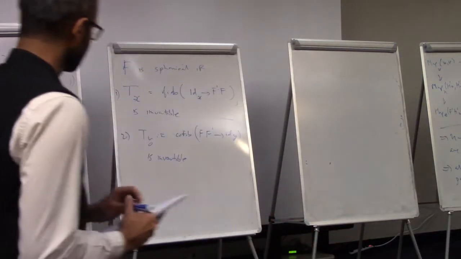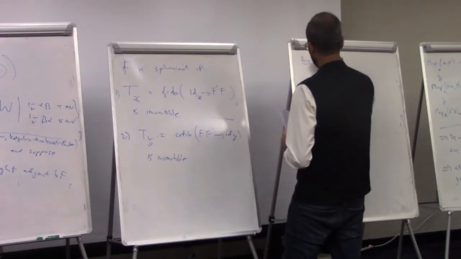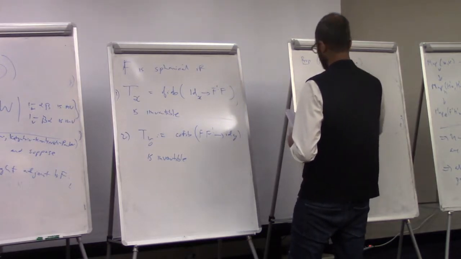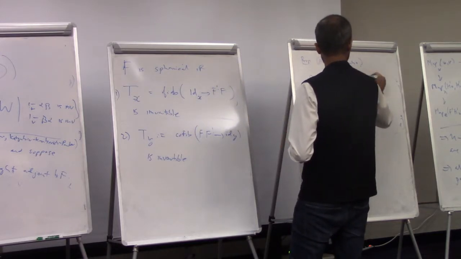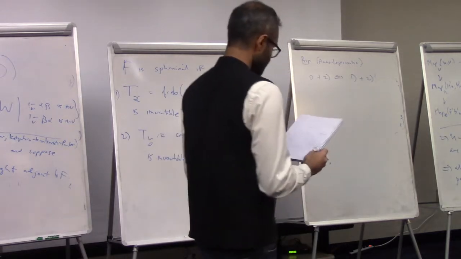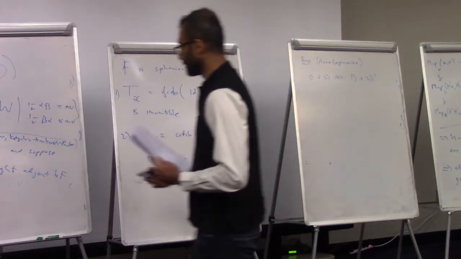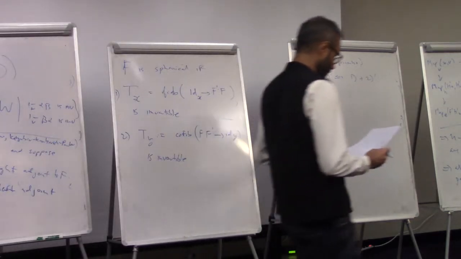We can show that there's a proposition, by Anno and Logvinenko, which says that 1 plus 2 is equivalent to 1 plus 2 prime, where 2 prime is the following condition: that f also admits a left adjoint. Depending on which starting point you take, it would follow from the definition.